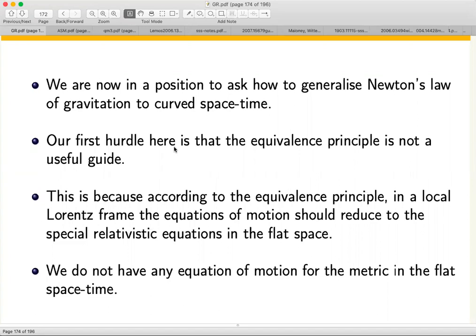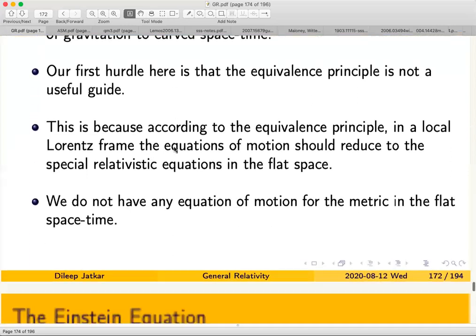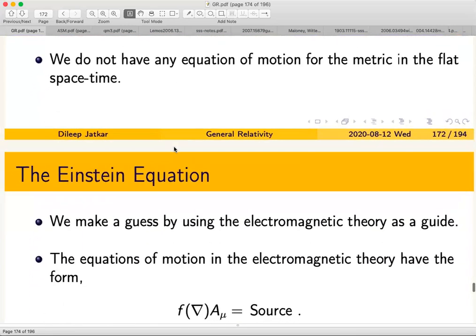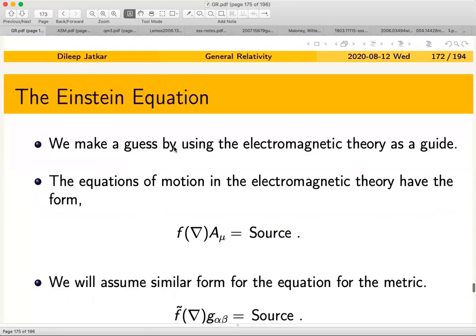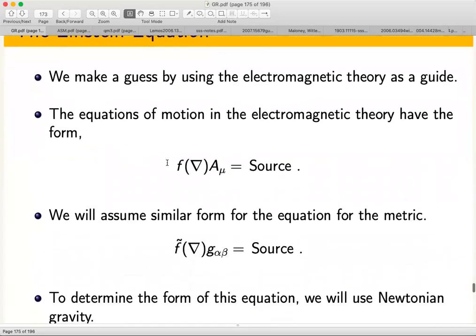All entries were constants, so it would even satisfy a first order differential equation setting it equal to 0, for example. It doesn't give us much guidance as to what equation of motion a metric would satisfy that could be generalized to be general coordinate covariant.